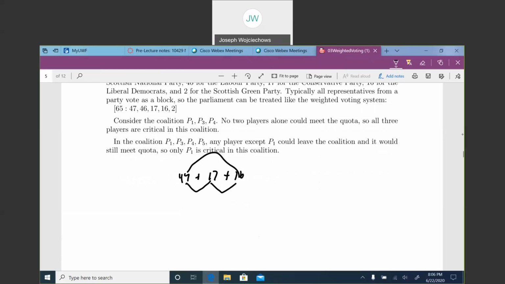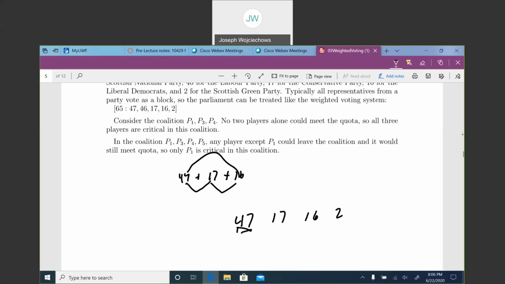Okay, now let's look at the coalition P1, P3, P4, and P5. So let's see what happens here. Essentially, what it says is any player except P1 can leave, and the coalition would still meet quota.